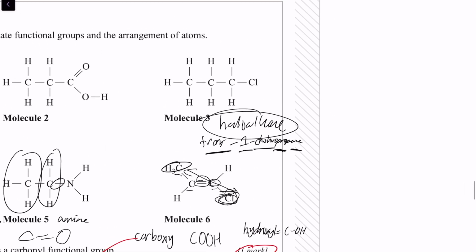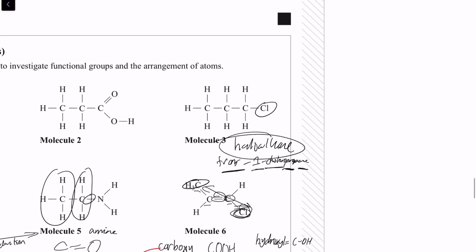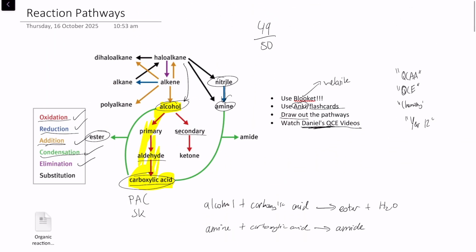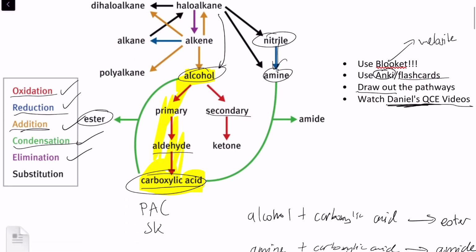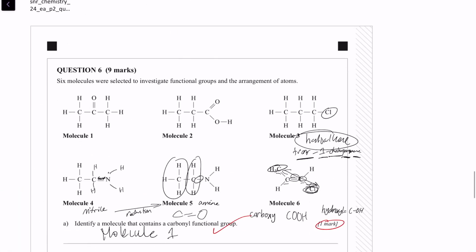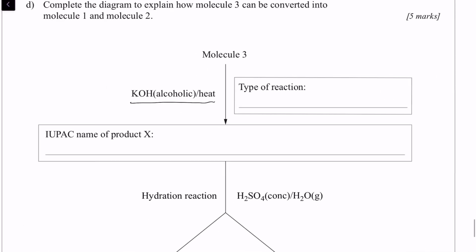Okay, because we have a chlorine here, and we remember our diagrams for a haloalkane, and we have a KOH, which is similar to NaOH, so it's basically another form that we can use there, because it's still an alcoholic compound, and then obviously the heat is a giveaway that this is an elimination type of reaction. Okay, so get the first mark by saying that the type of reaction is an elimination reaction.